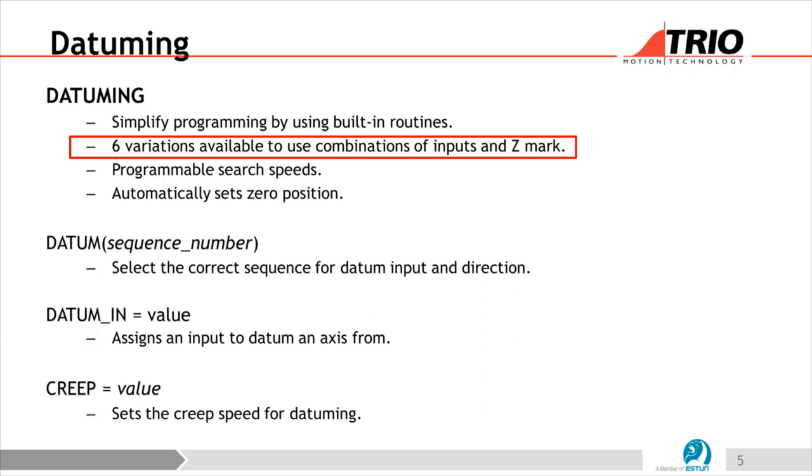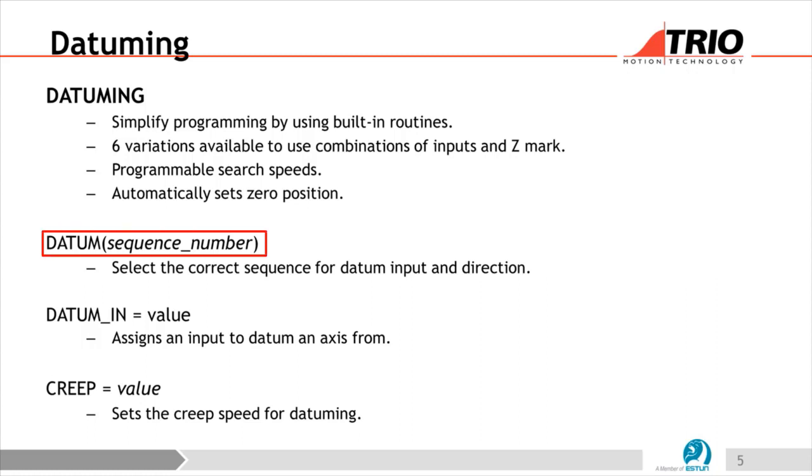The keyword here is datum, and you put in the sequence number. If you go to the Trio Basic Help, it will list all the datuming sequences there: what datum 0 is for, datum 1, 2, 3, and so on. Datum input is a value you assign to the input, so you datum by an input.